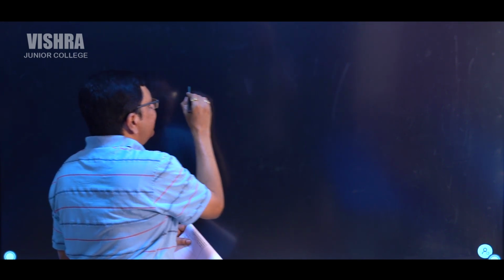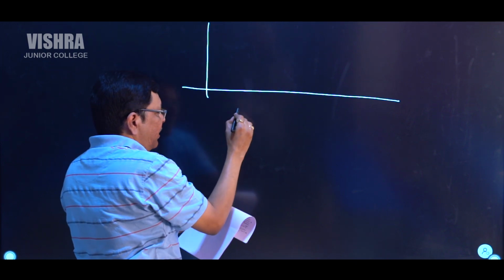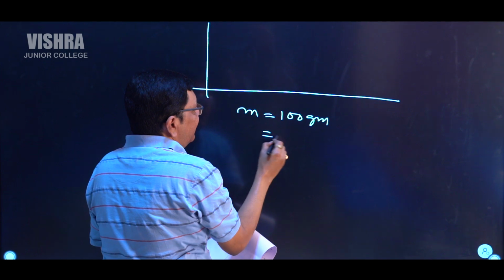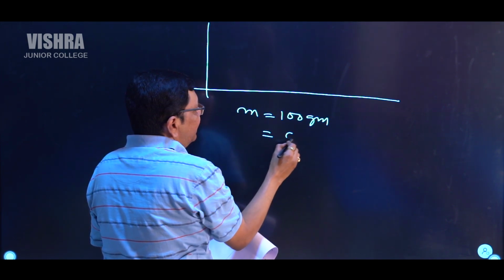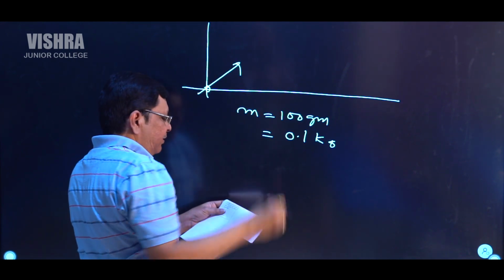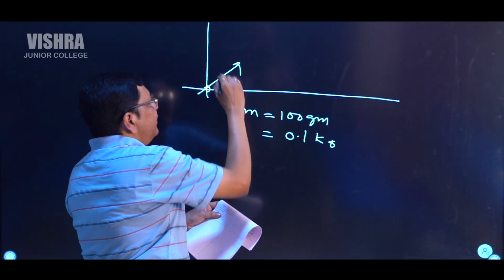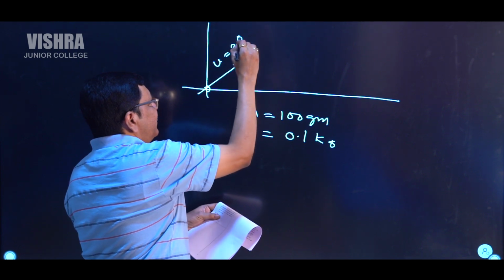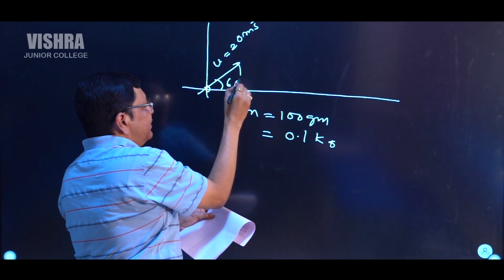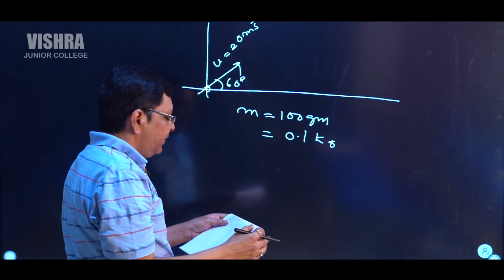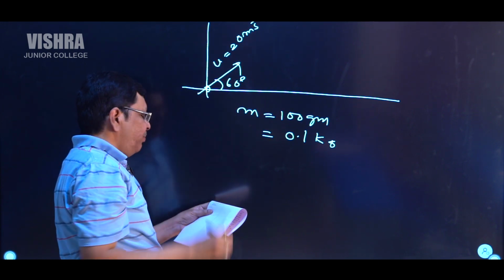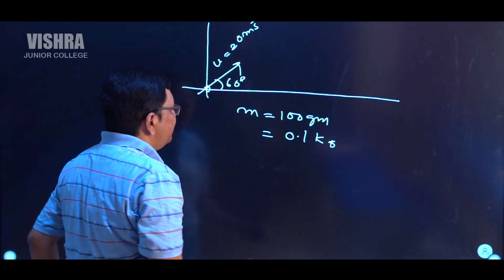In this case, a ball of mass 100 grams, that is 100 by 1000, or 0.1 kg, is projected from the origin with an initial velocity u equal to 20 meters per second at an angle theta equal to 60 degrees with the horizontal. We have to calculate the change in kinetic energy from the point of projection to the point when it reaches maximum height.